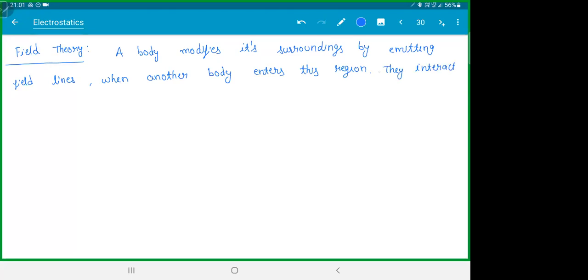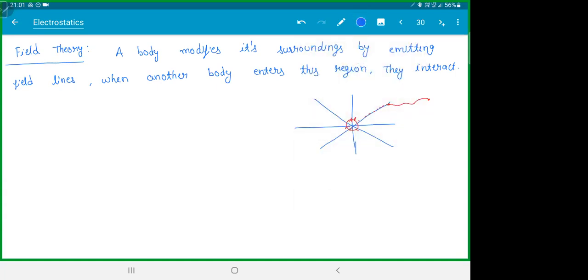Now, think of it like this. I think the person who made up this thing must have been inspired by a spider. If you have ever seen a spider's web, how does the spider know that there is an insect? The spider is just sitting there and waiting. When an insect comes and hits the web, there are vibrations passing through the web. That is how the spider goes there, catches the insect, and comes back.